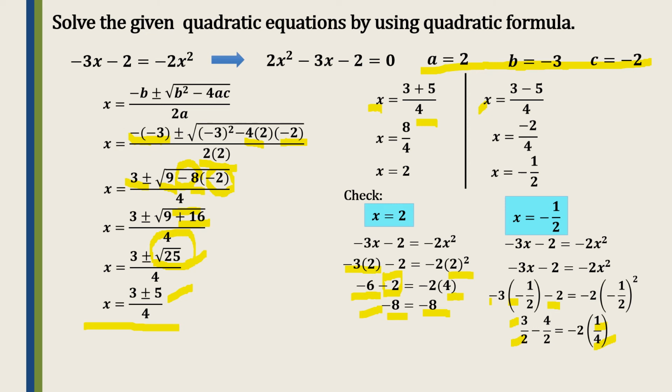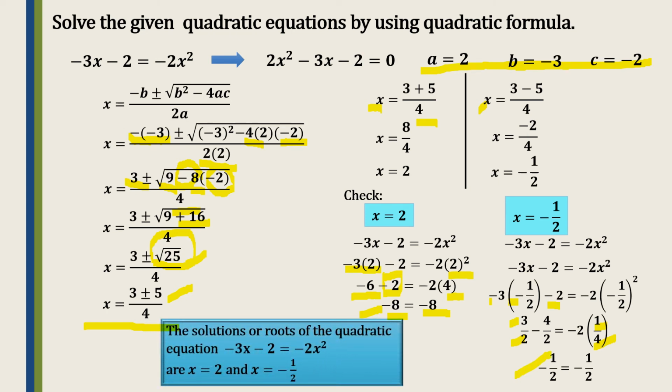I-solve na natin. 3 halves minus 4 halves, we will have negative 1/2. Yung negative 2 times 1/4, the result is negative 1/2. Kaya equal sila. Therefore, the solutions or roots of the quadratic equation negative 3x minus 2 equals negative 2x squared are x equals 2 and x is equal to negative 1/2.